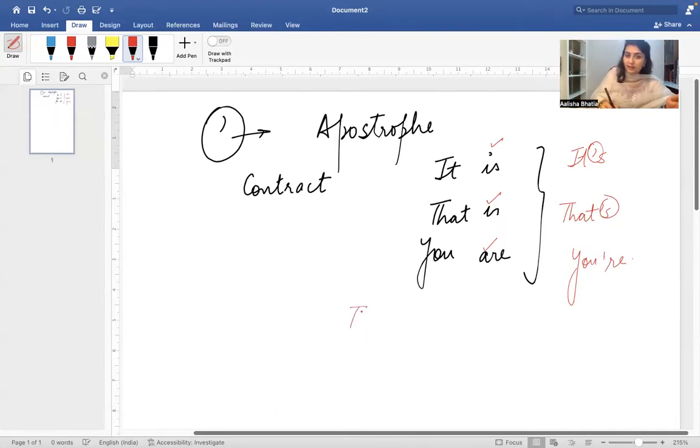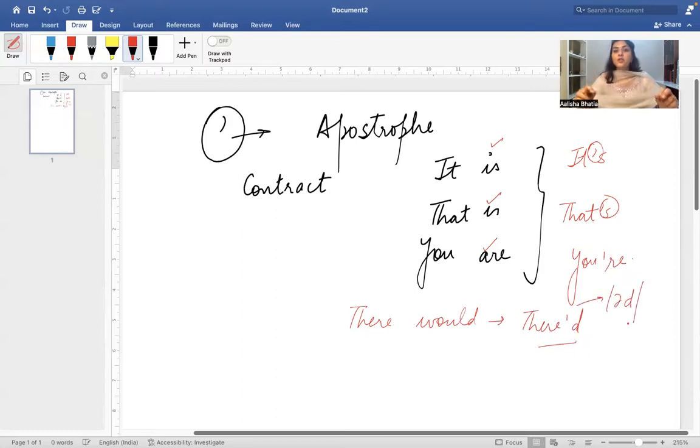For example, while writing "there would," we simply write "there'd." This is spoken as "there'd." So this is one use of an apostrophe, where we join two words to make one word, and this is known as a contraction.